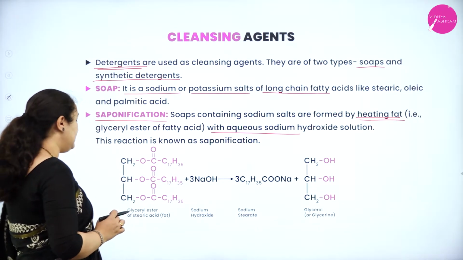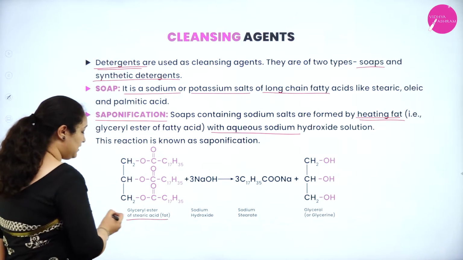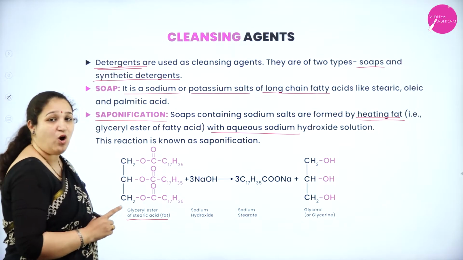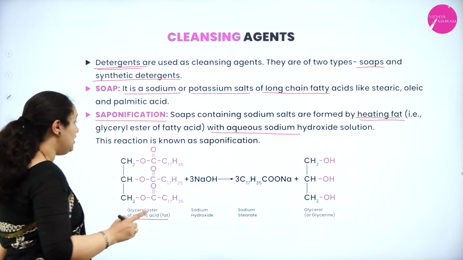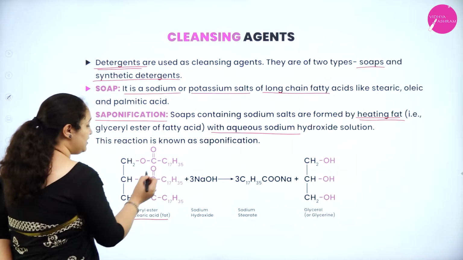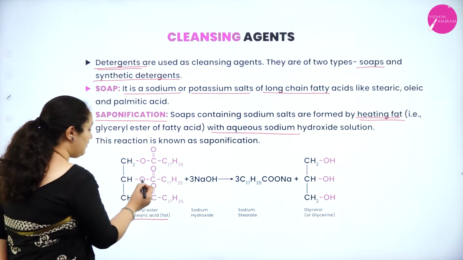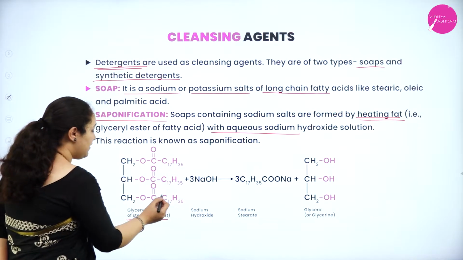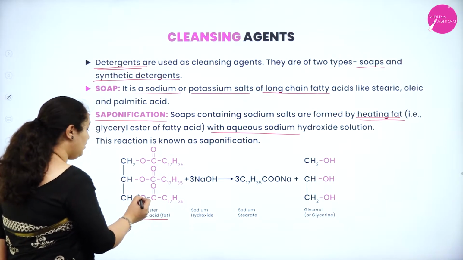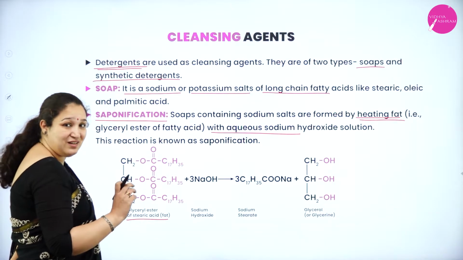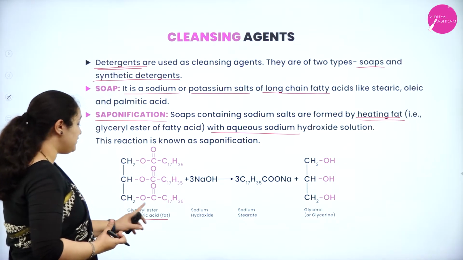Example, we'll take this. See, this is stearic acid or glyceryl ester of stearic acid we can tell. So it is C17H35COOCH2, C17H35COOCH, C17H35COOCH2. Glyceryl ester of stearic acid.